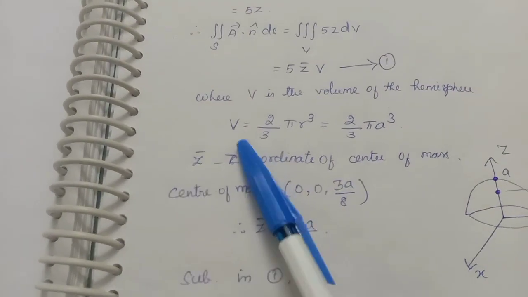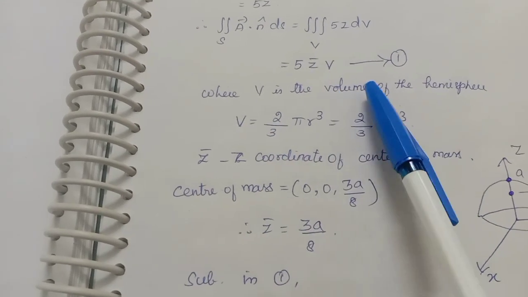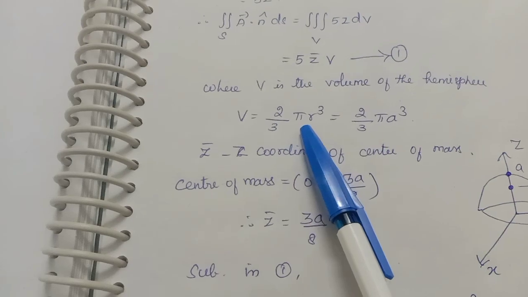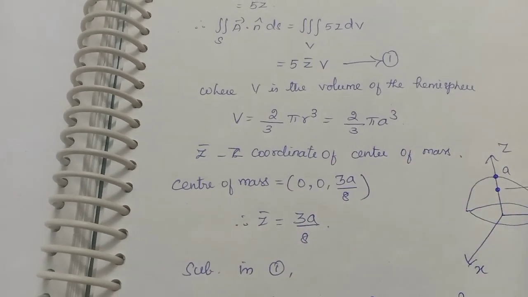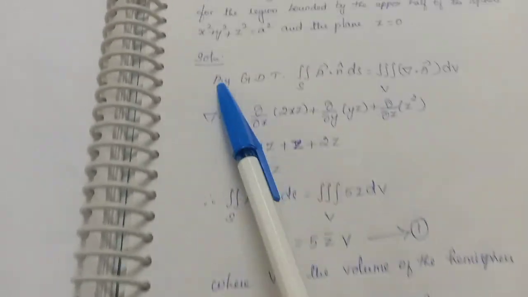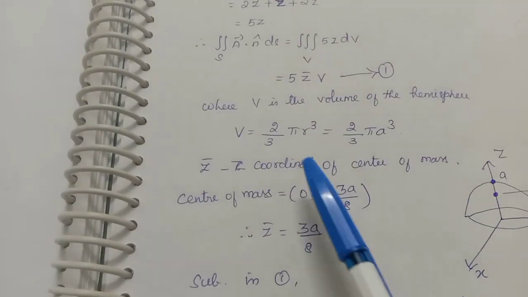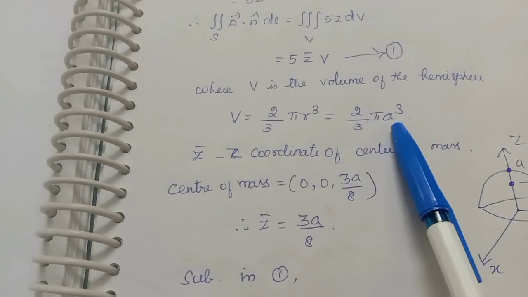Volume of the sphere is 4 by 3 pi r cube. Since this is a hemisphere, only half of the sphere, it is 2 by 3 pi r cube. The radius of this sphere is a, given in the question itself: x square plus y square plus z square equal to a square. So the hemisphere volume is 2 by 3 pi a cube.